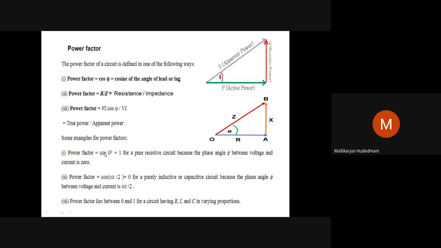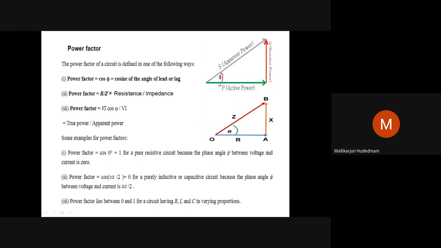For example, if the power factor angle is 0, this side almost coincides with the horizontal axis. The angle is 0, and cos 0 is 1. This is for a purely resistive circuit. We can say it is in phase, which means the V and I vectors coincide, so the phase angle at that time is 0.